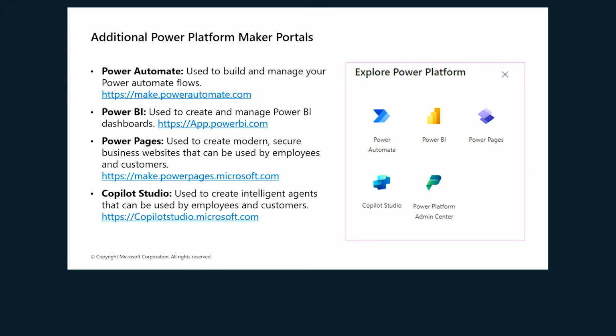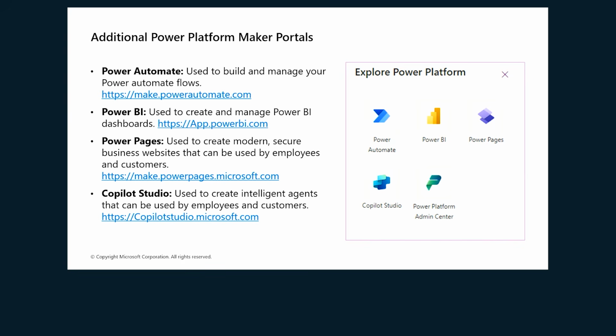Power BI's URL is listed here, app.powerbi.com. This allows users to create interactive dashboards and reports that visualize data from multiple data sources. Power Pages URL is also listed here, make.powerpages.com, which provides a platform for building secure, modern business websites that can be used by both employees and customers.